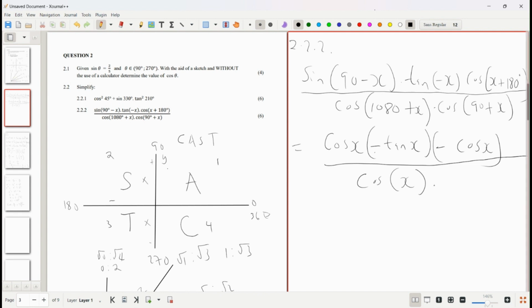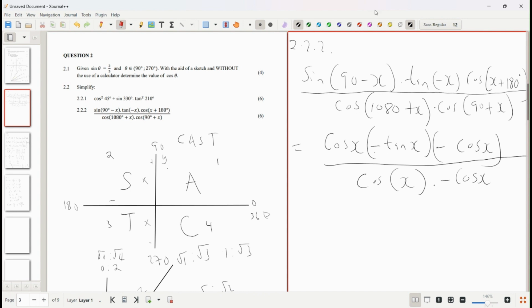And then this one, cos 90 plus x, is in which quadrant? Because we know cos x is here, right? If we add 90 degrees, it will fall in the second quadrant. So here cos is negative. So we'll have negative cos x, right? So it's very important for you to understand this.